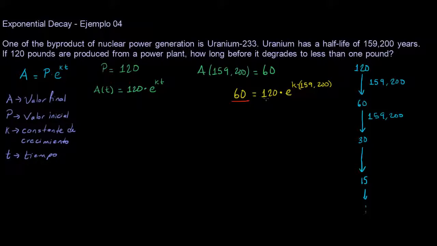Now we have to simplify this out. We divide both sides by 120. The 120s cancel out, and we get 1 over 2.